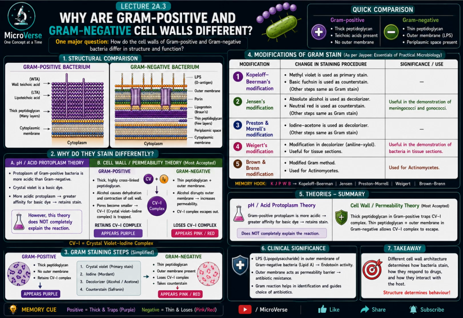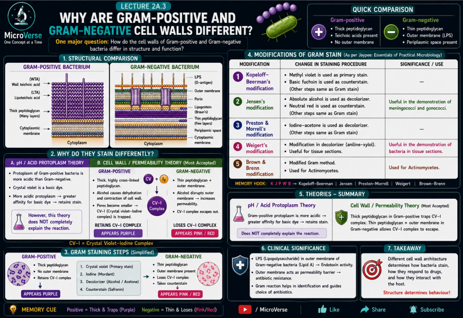So here we see the clinical significance. The difference between gram positive and gram negative cell envelope is not only important for staining, it also influences permeability, antimicrobial susceptibility, host inflammatory response, and the pathogenic potential. For example, the outer membrane of gram negative bacteria acts as an additional barrier, and lipopolysaccharide, especially its lipid A component, contributes to the powerful inflammatory response associated with gram negative infections.